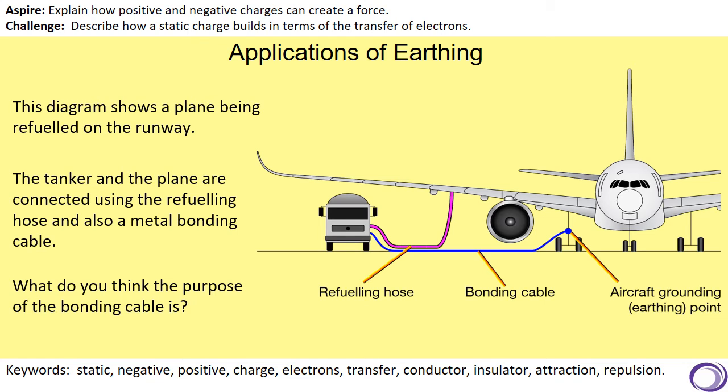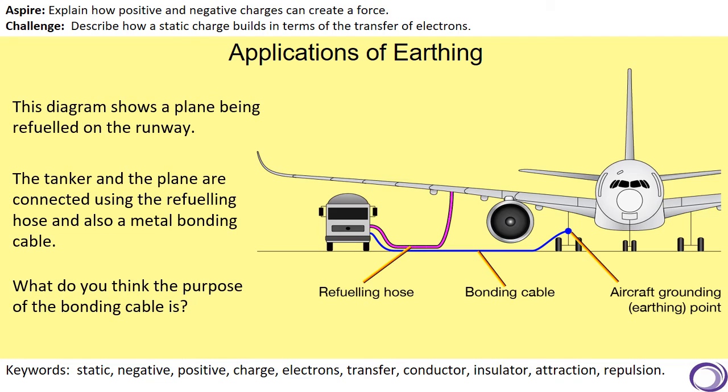So we end up then with the plane getting extra electrons on, and this refueling goes on for half an hour. More and more electrons going onto the plane. If that plane was not earthed, we could potentially have a spark between the metal frame and the ground, or even worse, between the metal frame and where the fuel is going in, or to the tanker where the fuel is coming out.